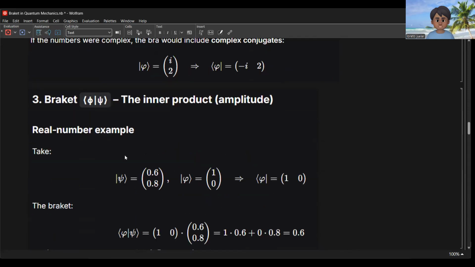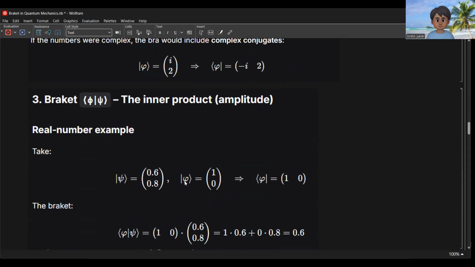So, a real number example. Take the ket of this psi here, (0.6, 0.8). This is the column vector of psi here.